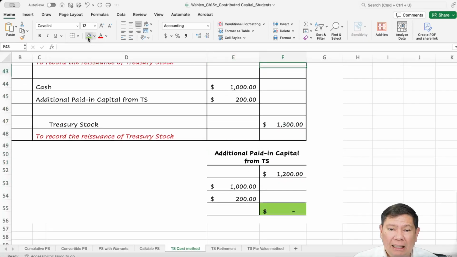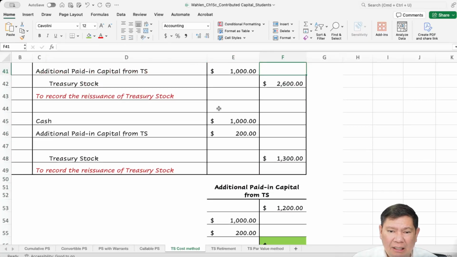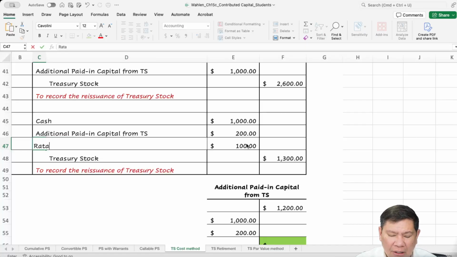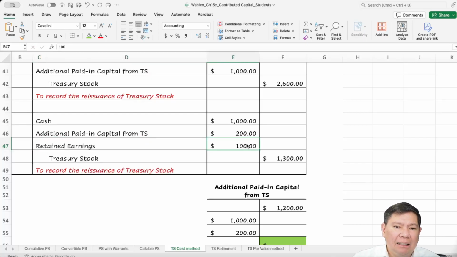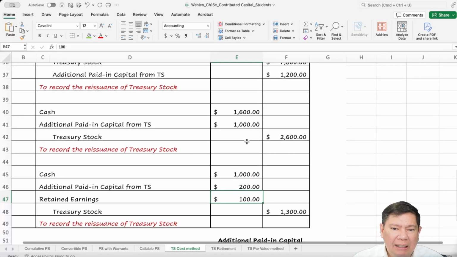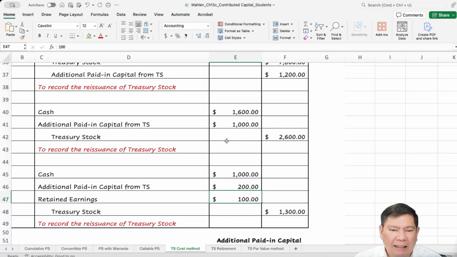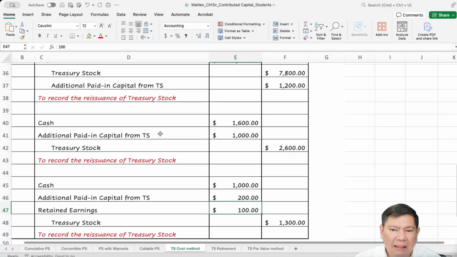But the last transaction is still not balanced. We still need $100 on the debit side. So we're going to take it out of the retained earnings, $100. So that's how we prepare this treasury stock transaction using the cost method.